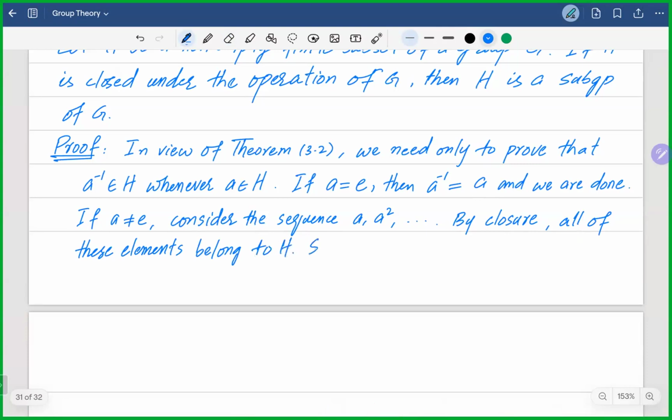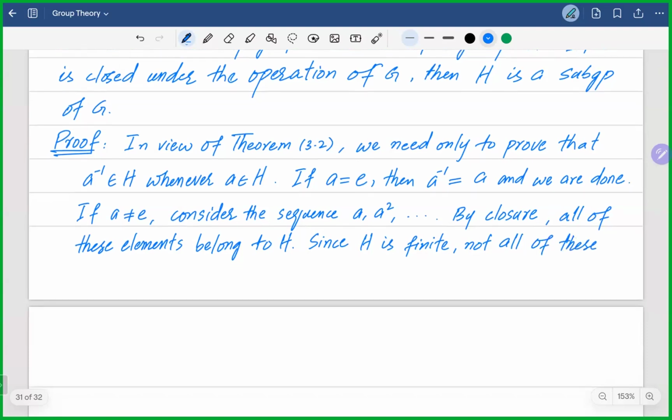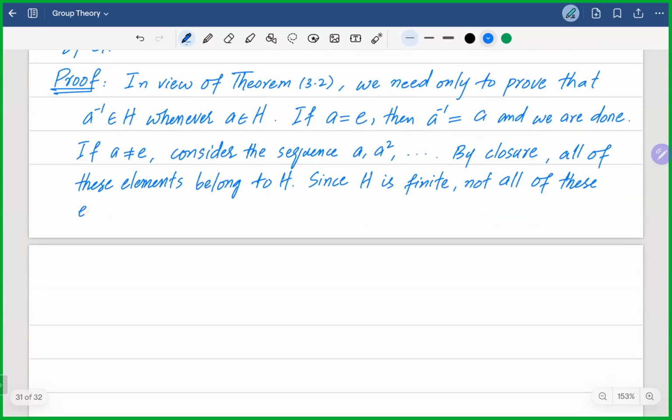Now, since H is finite, not all of these elements are distinct.